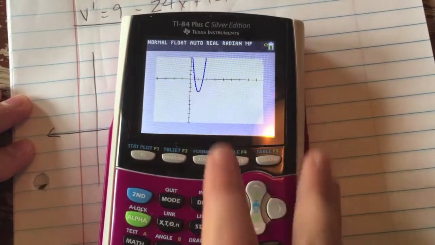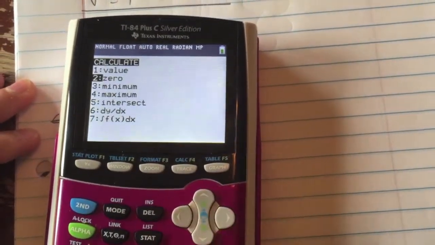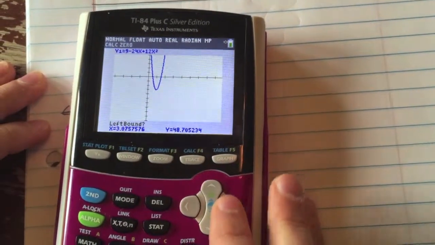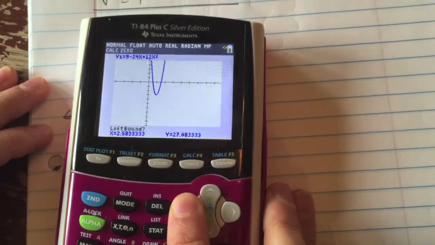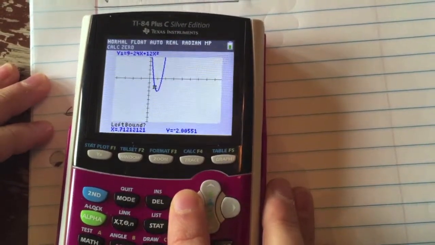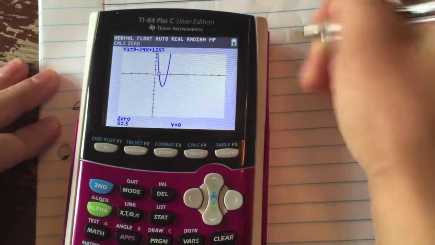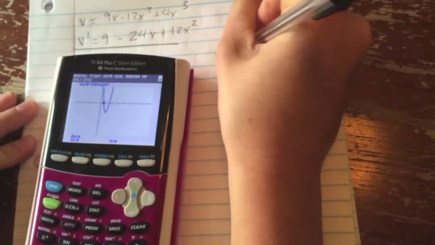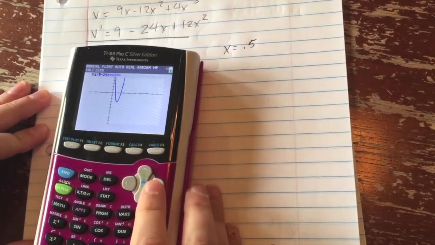Here we have two x values, and we can trace to find what the actual value is. So this is one x value, which could possibly be the max or the min, but we will get into that later.